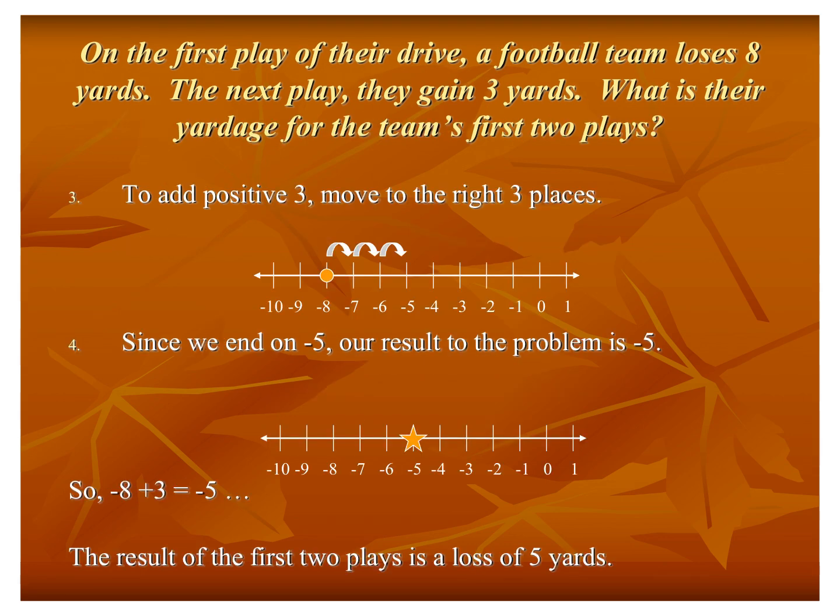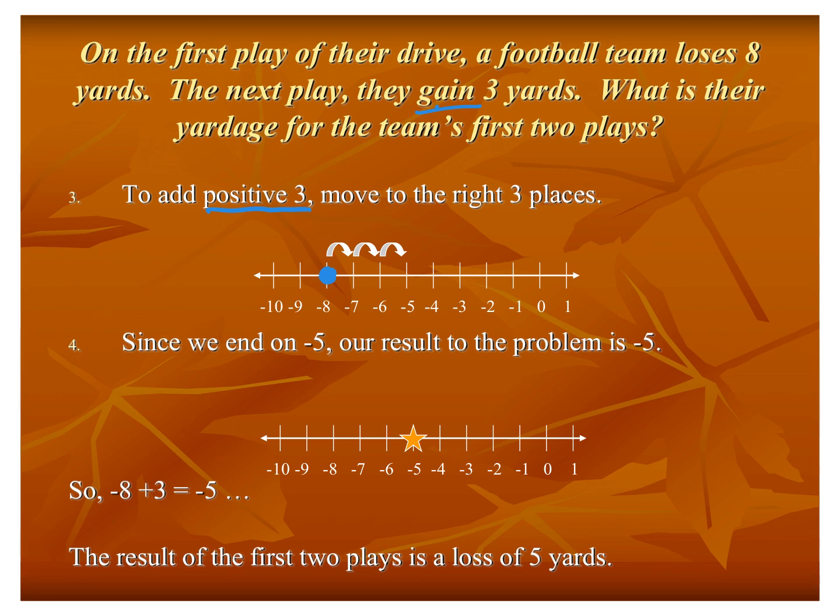Then starting at -8, that was their first play, so in their first play they ended up at -8 right here at this dot. And then in their second play, if they gained 3 yards, we said gain meant a plus. So to add +3, we're going to move to the right 3 places. We had also said that moving in the positive direction is moving towards the right.